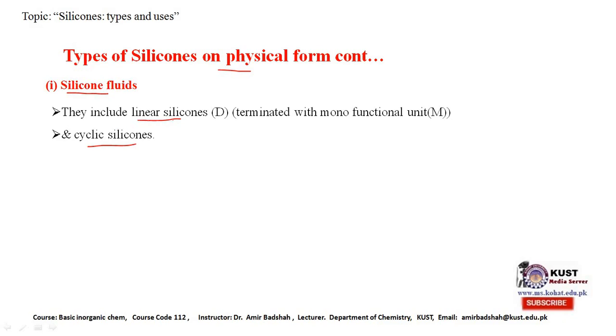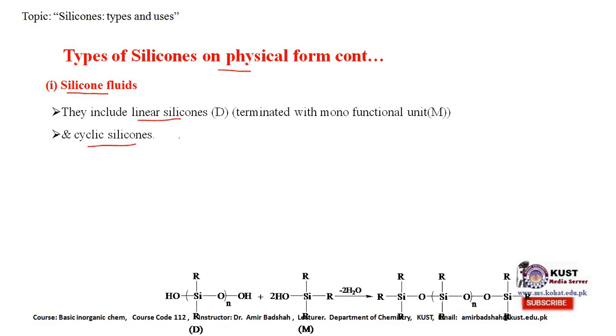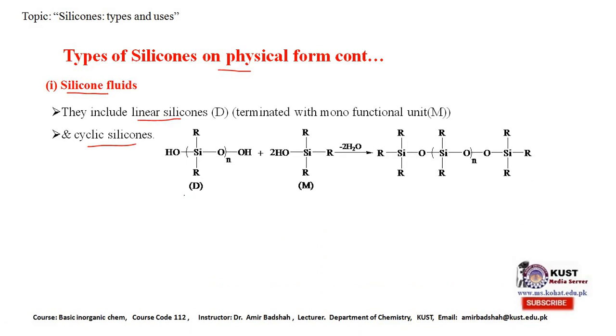The linear silicones having hydroxyl groups at the ends are first terminated with a monofunctional unit, and then it is converted into a silicone polymer as shown here. This is an example of linear silicones. It is treated with a monofunctional unit. This is a monofunctional unit having one OH.